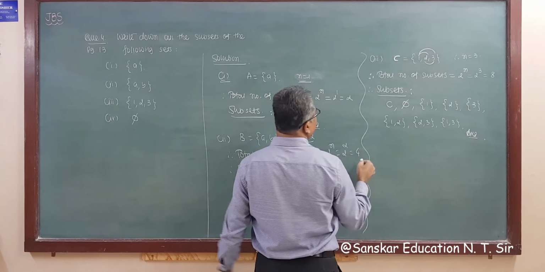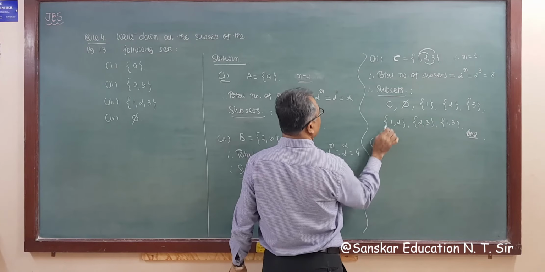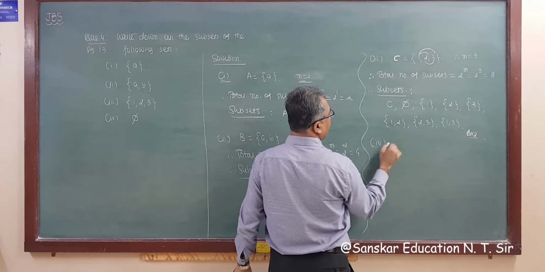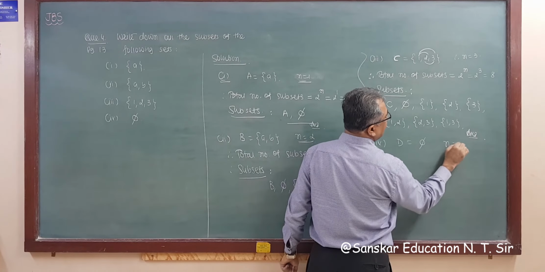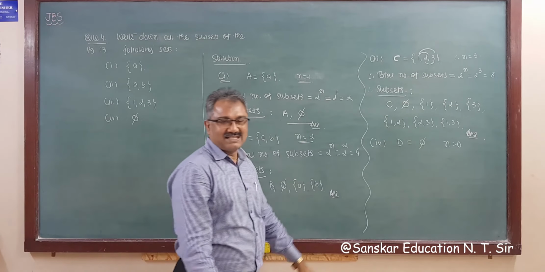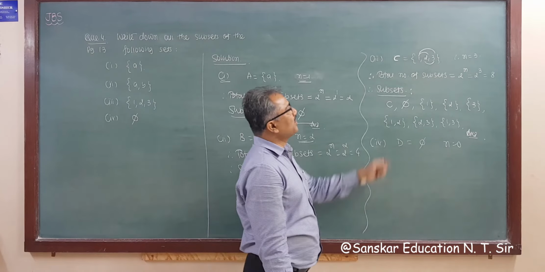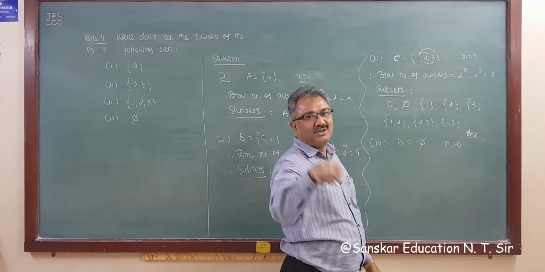And the fourth one is the empty set. Suppose D is equal to the empty set. So n is equal to 0. So the total number of subsets is 2 raised to 0, that is 1.